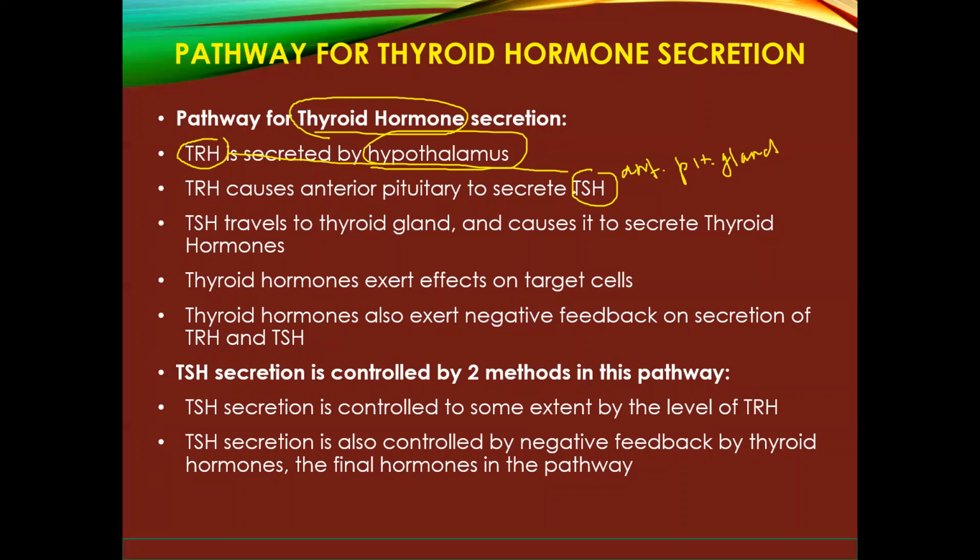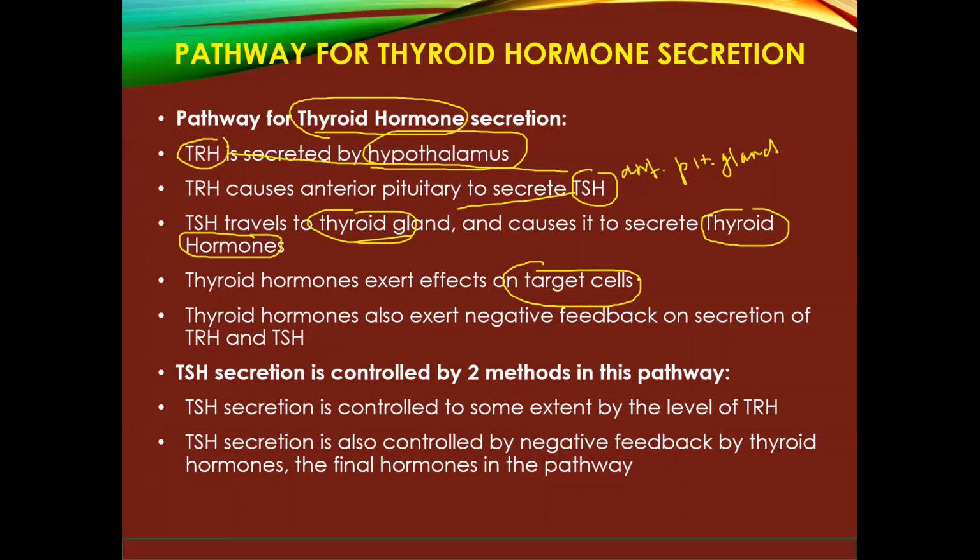And this TSH will go to the thyroid gland to increase production of thyroid hormone. And then thyroid hormones released from this thyroid gland will go to the target cell.